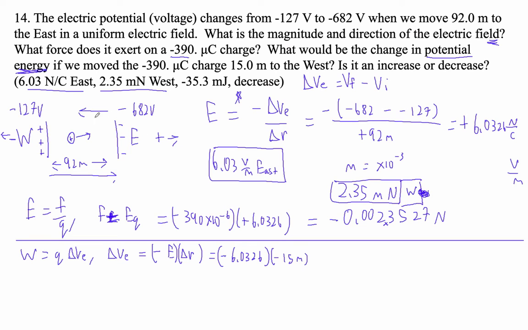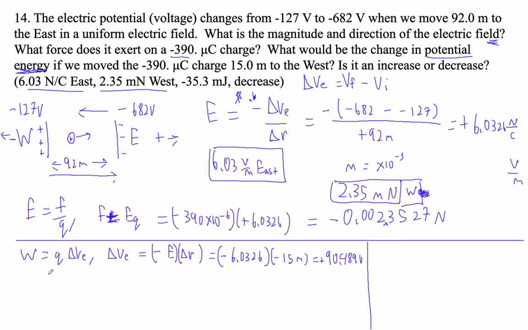Notice, by the way, we're moving it toward the positive side, so our change in voltage is going to be a positive change. This minus sign, by the way, is the minus sign from the equation. So 15 times this guy is 90.489, and that's positive.